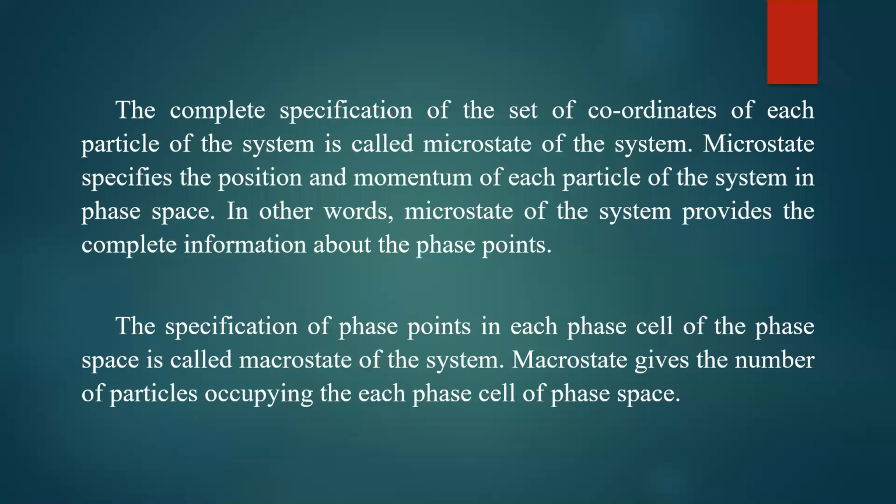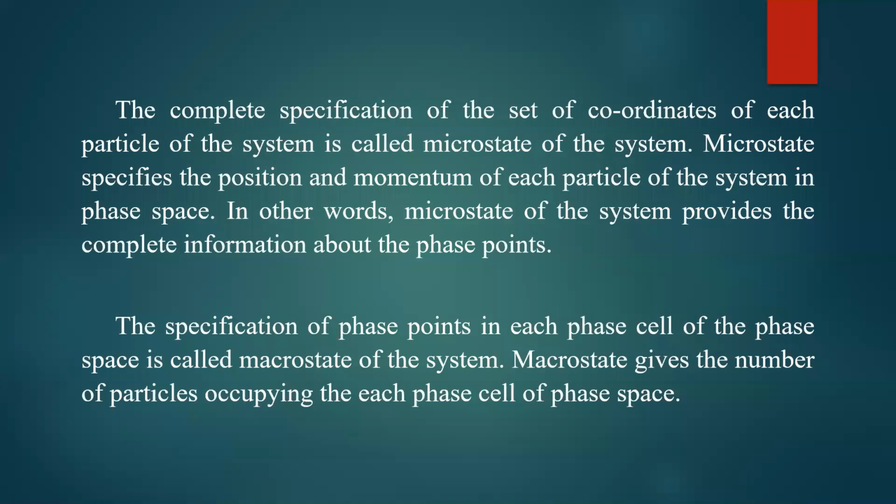If we know the information about the phase cell but we don't know the information about the phase point, then that is called a macrostate. That is, we know how many particles are in the phase cell, but we don't know the position and momentum of that particle, then it is called a macrostate.